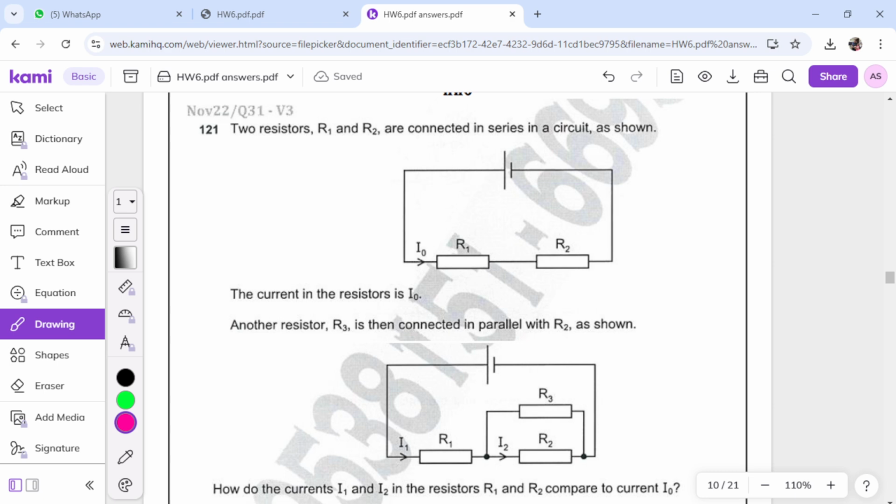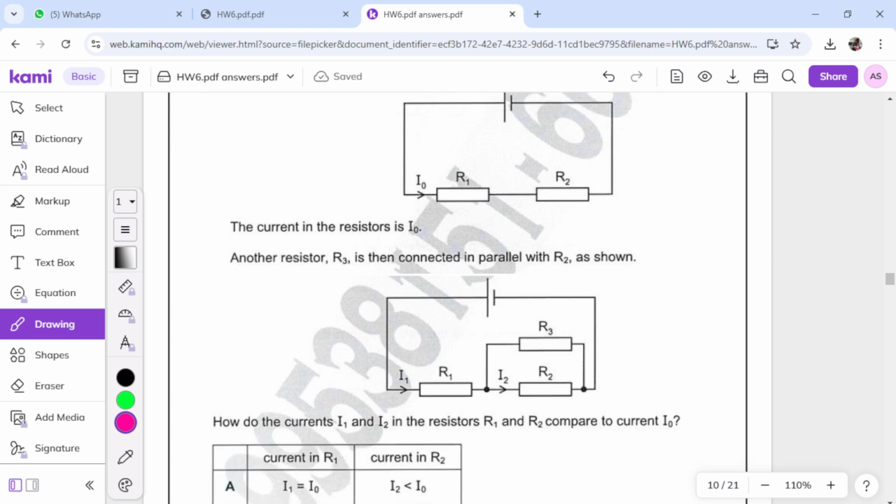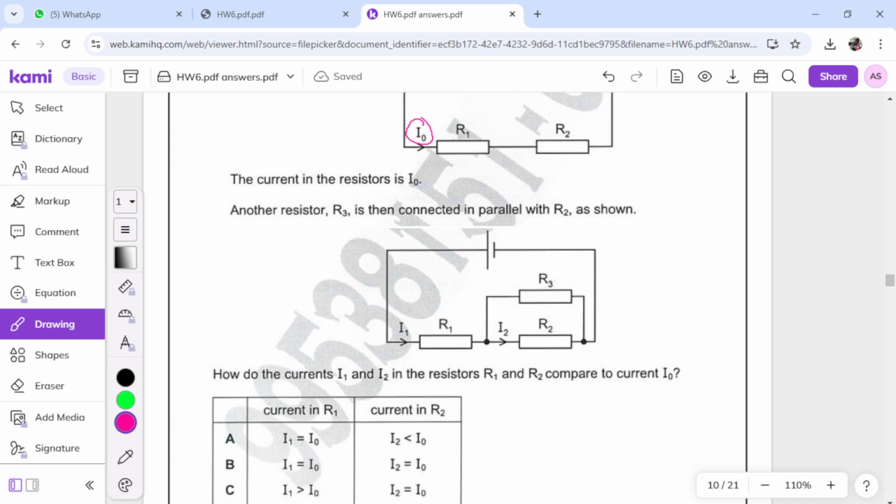Two resistors R1 and R2 are connected in series in a circuit as shown. The current in the series circuit is I0. Another resistor R3 is then connected in parallel to R2, as shown. I1 must be greater than I0 because we now have a lower total resistance.